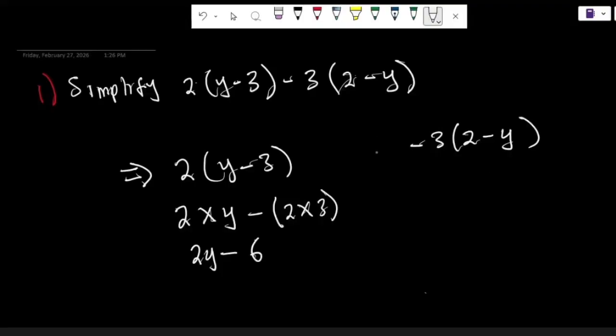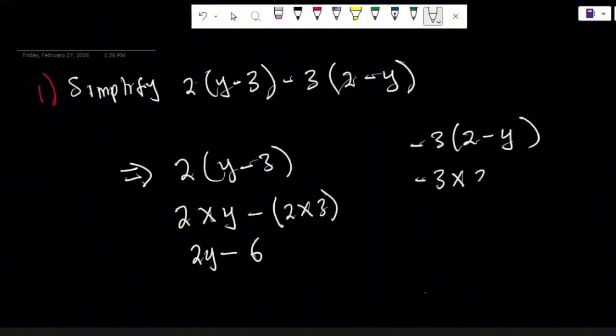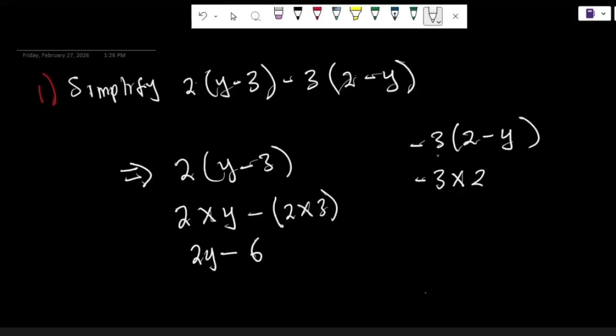So the first step is negative 3 multiplied by 2. So we're going to write it like negative 3 times 2. And then we're going to multiply negative 3 by negative y. So this is going to be negative 3 times negative y.